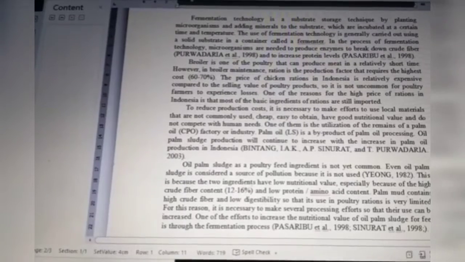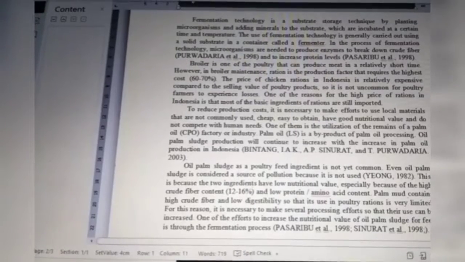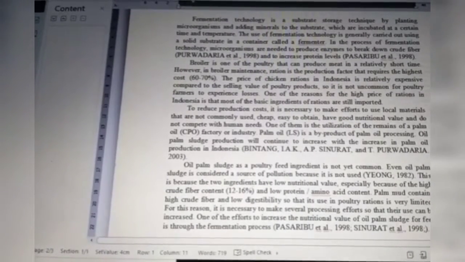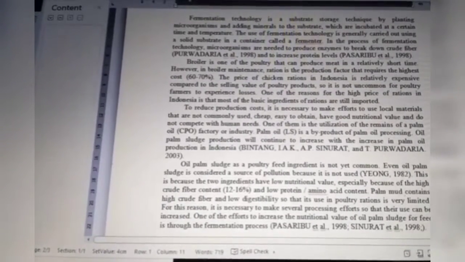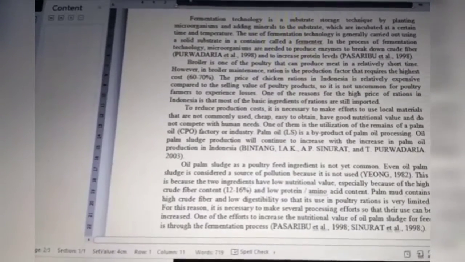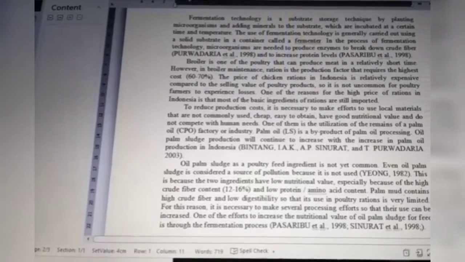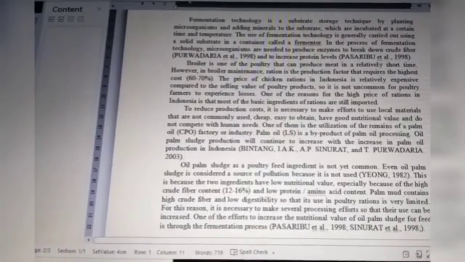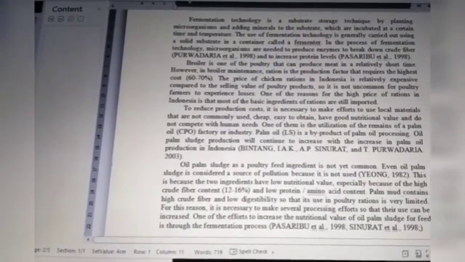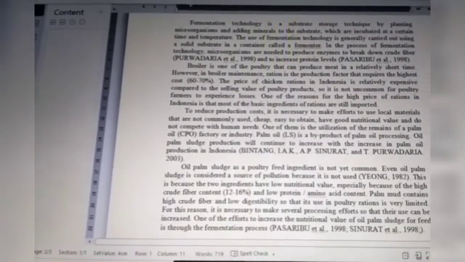The price of chicken ration in Indonesia is relatively expensive compared to the selling value of poultry products, so it is not uncommon for poultry farmers to add various costs. One of the reasons for the high price of ration in Indonesia is that more of the basic ingredients are imported.